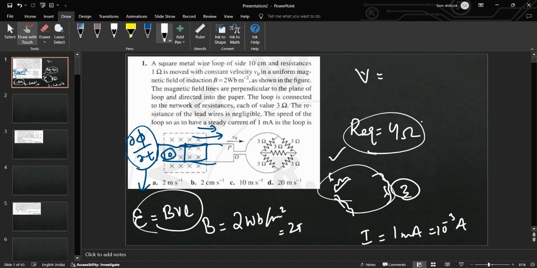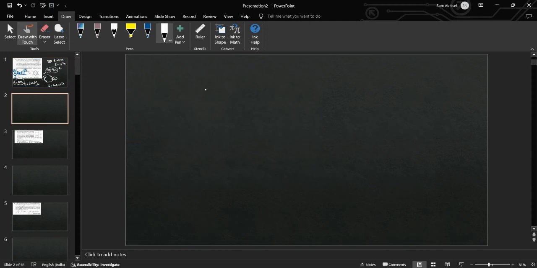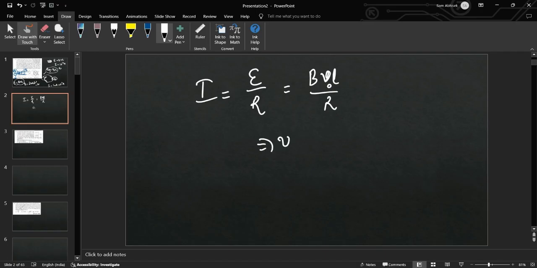So our EMF is equal to BVL, and our current is 10 to the minus 3 ampere. The resistance is also there, so we need to find only the velocity. I will write the equation. I is equal to E by R, that is EMF by resistance, so BVL by R. Your V is the velocity here, which is V naught, as given in the question. So V naught will be IR by BL.